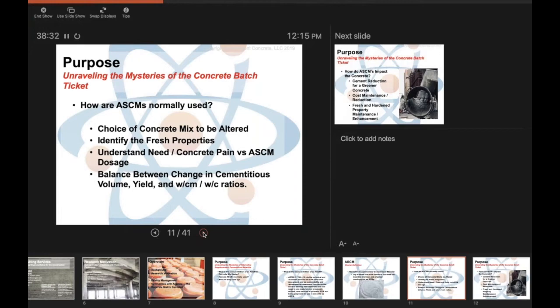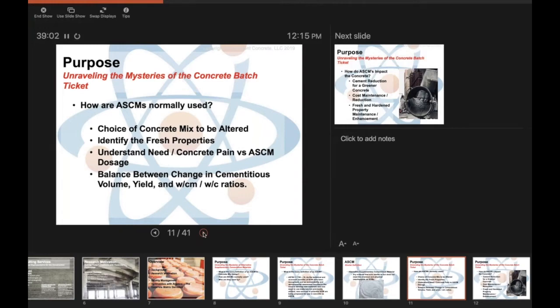That could be chemical or physical attack, or something as simple but so gosh darnly important, which is reducing the cost of our concrete by increasing the efficiency of our cementitious package and allowing us to reduce our cementitious. Now, bear in mind, before we do that, we have to identify our fresh properties and understand those needs and those concrete pains so we can really get a grasp of what we need with our ASCMs.